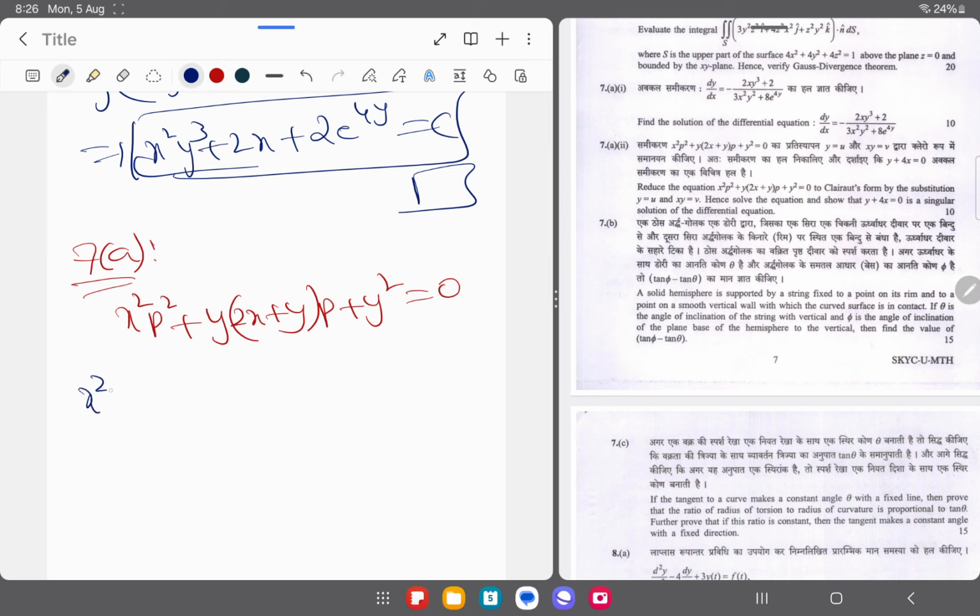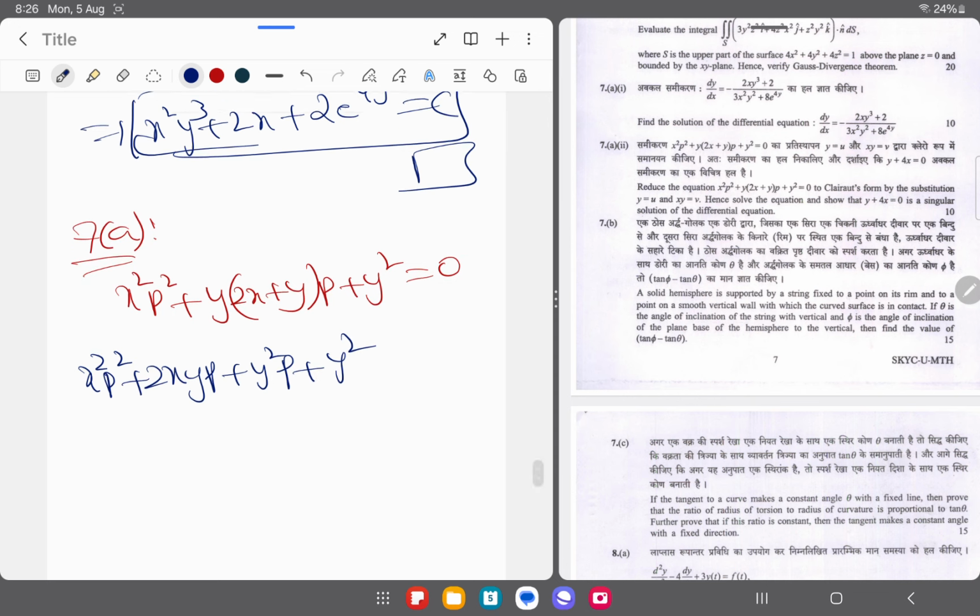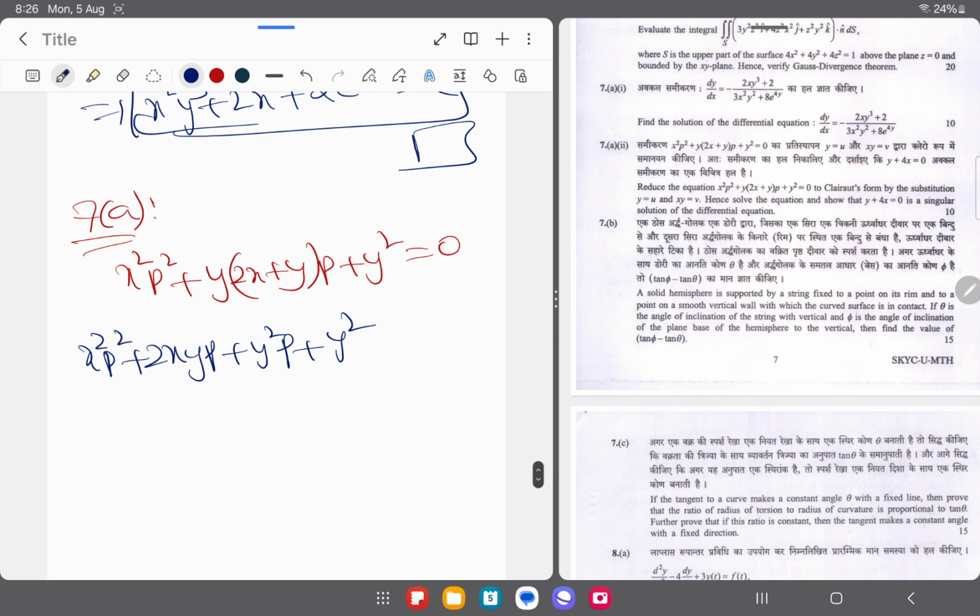Yeah, so this is x squared p squared plus 2xyp plus y squared p plus y squared, right? So this is xp plus y whole squared plus y squared p.